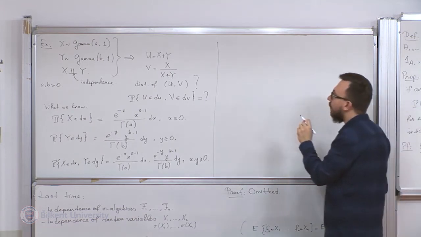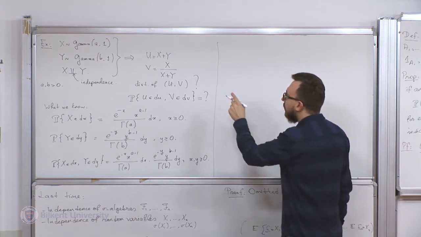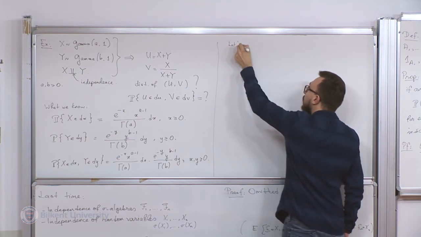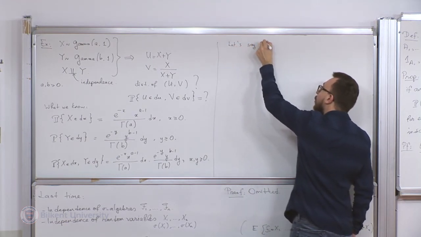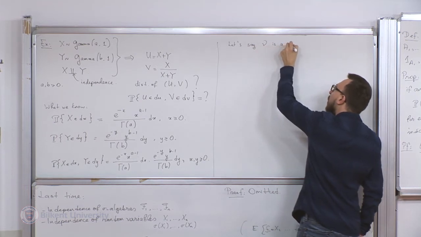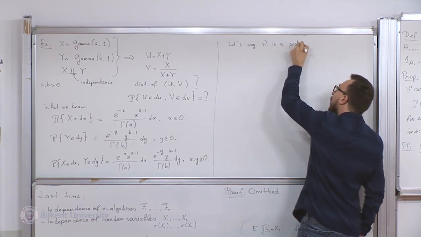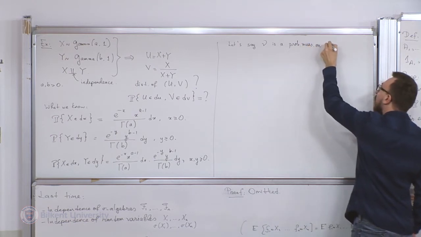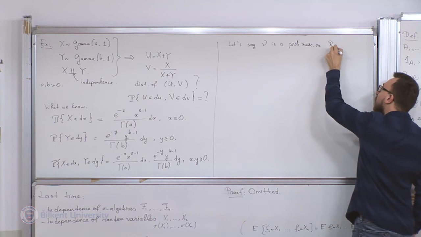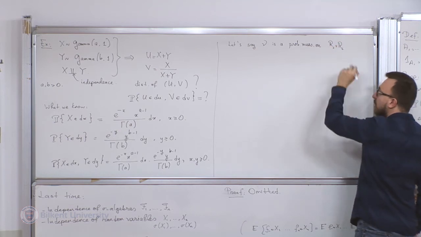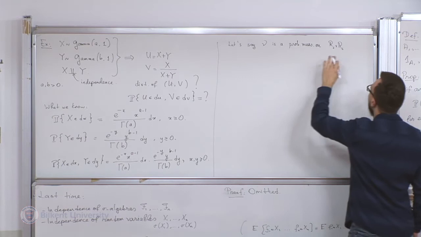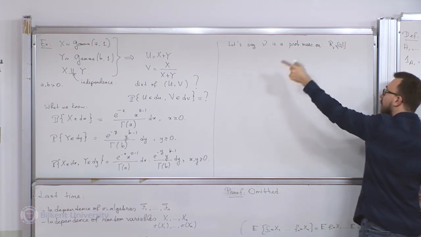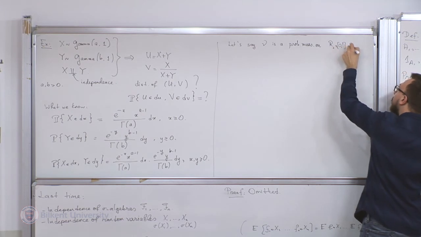Now we're going to use it for this vector uv. So let's say nu is a probability measure on, let's say, this, because they're all positive, and this is even between 0 and 1, right? It's because it's a fraction, with the Borel sigma algebra.